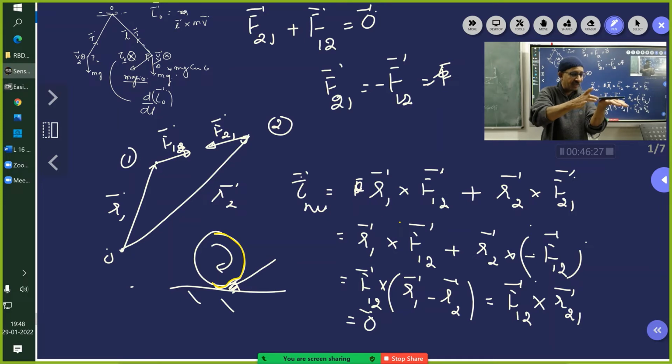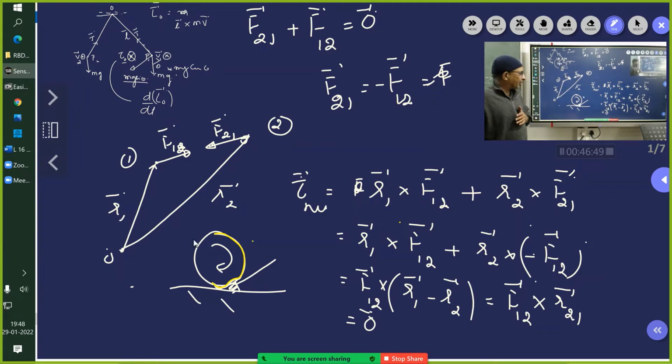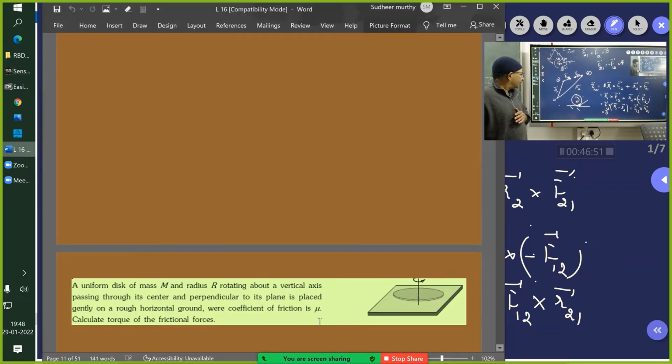When I apply 1 Newton force, the frictional force is also 1 Newton. At 2, 3, 4, exactly 5 Newton it just starts sliding. At that time mu s will come, and once it starts sliding, mu k will come. Don't forget this. So whatever mu is there, it is mu k.